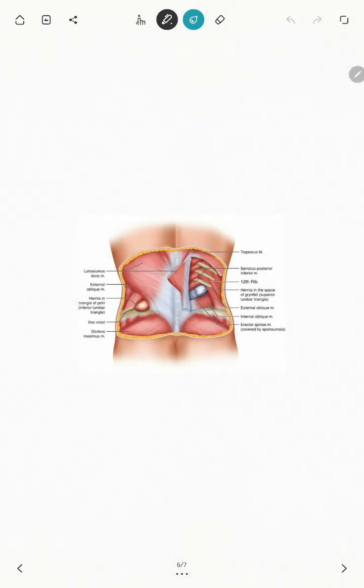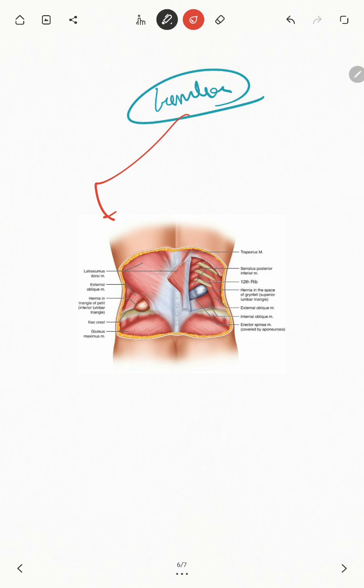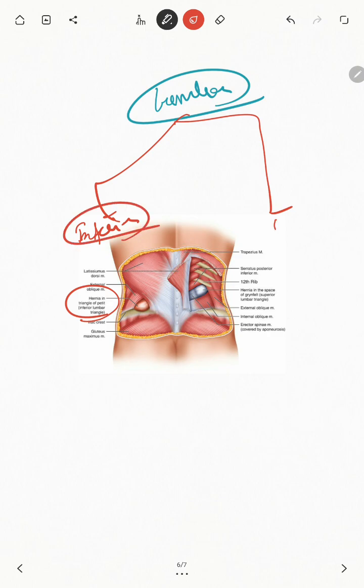Another important hernia is your lumbar hernias. Lumbar hernias, to be more specific, should be called dorsal hernias, but they have been included in your ventral hernias. This is your inferior lumbar hernia. This is your superior lumbar hernia.